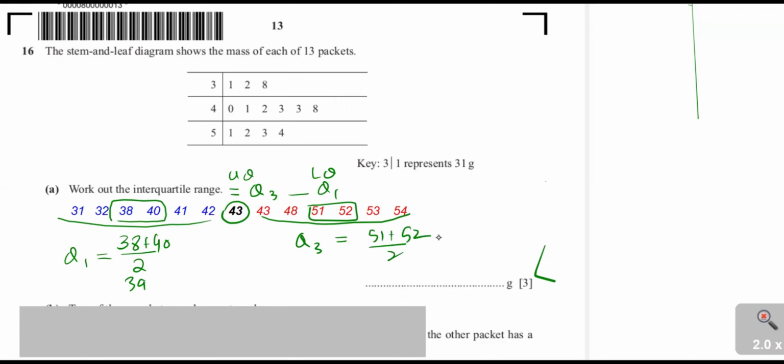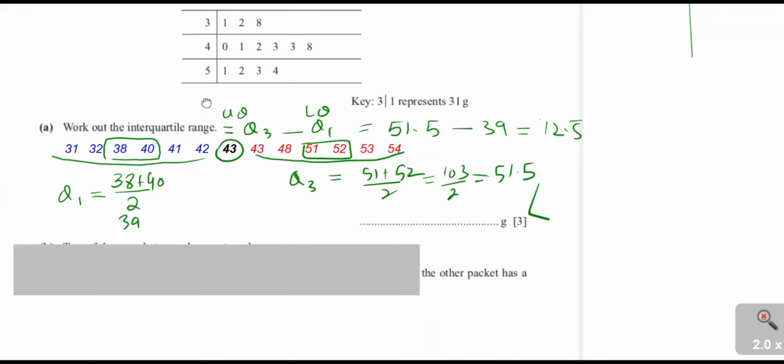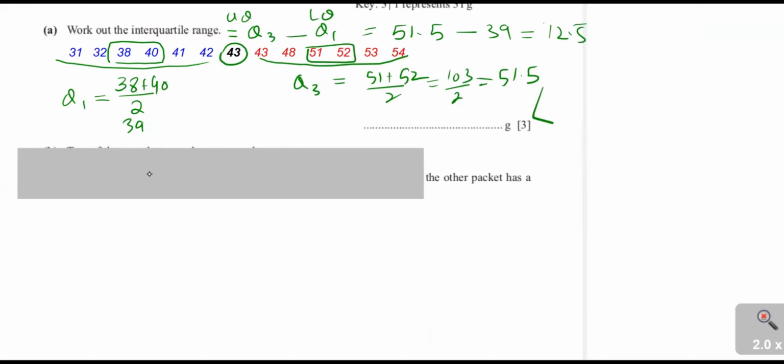This will be equal to 103 over 2, which is equal to 51.5. And we can calculate the interquartile range now. Q3 is 51.5 and Q1 is 39. We take the difference, which is equal to 12.5. This is the answer. Next question.